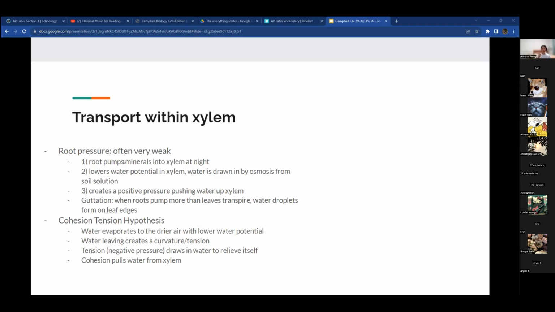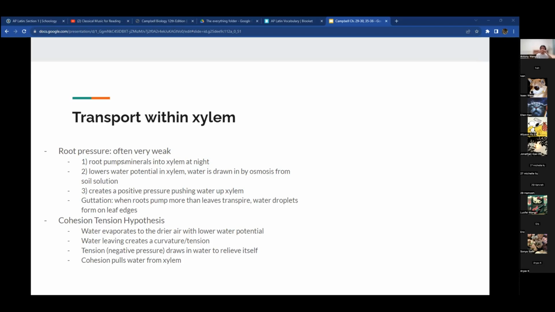At the leaves, a process called transpiration occurs. Think of it as you have a water molecule in the xylem and a water molecule in the stomata, right? The water molecule in the stomata evaporates, so it flies off into the atmosphere.